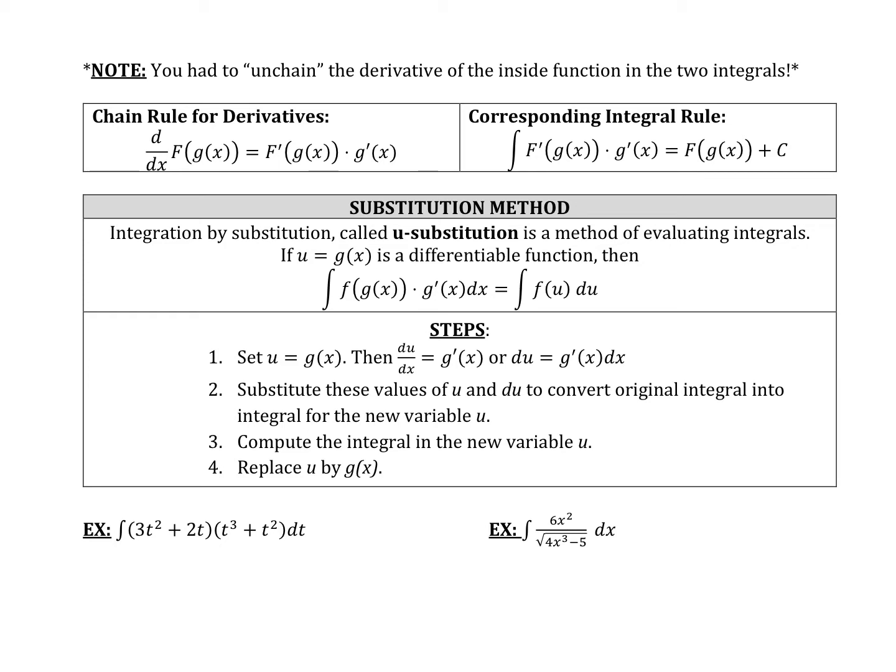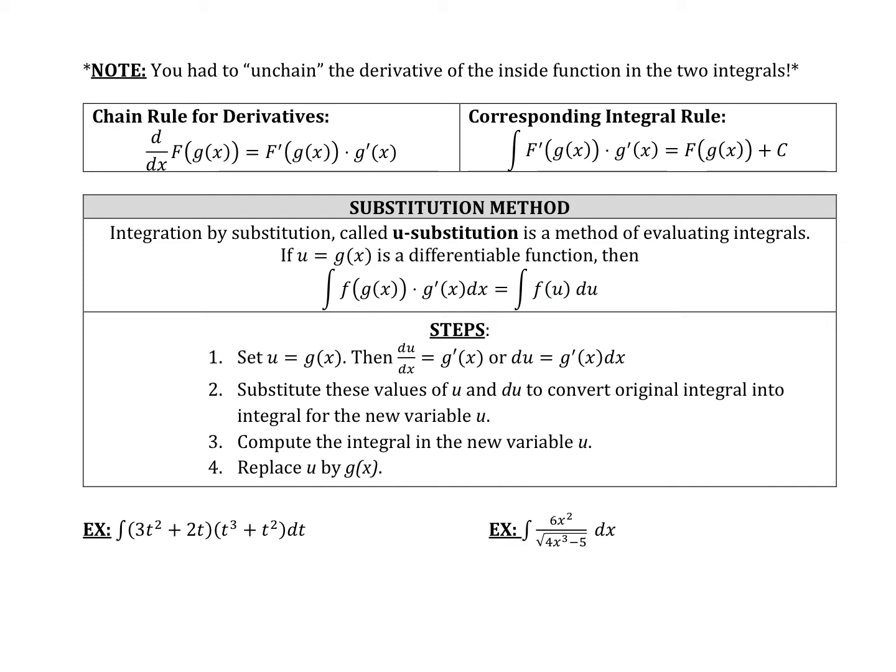So U-substitution just says integration by substitution evaluates integrals if we let u equal some function g of x and it's differentiable. And then we have some integral of f of g of x times the derivative of g of x. And what you can see is this looks like the chain rule. So basically, U-substitution unchains the chain rule.